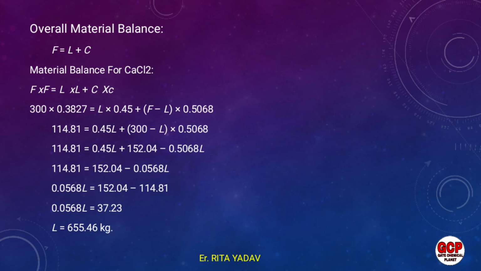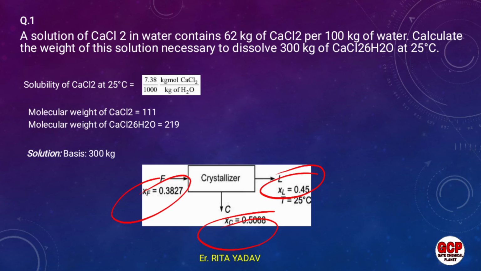So we have here replaced the C value. Now we have only the L value, and we have to calculate the final value, which is L, because in the question it is asked to calculate the weight of solution, which is L, which is necessary to dissolve the 300 kilograms of calcium chloride 6H2O.